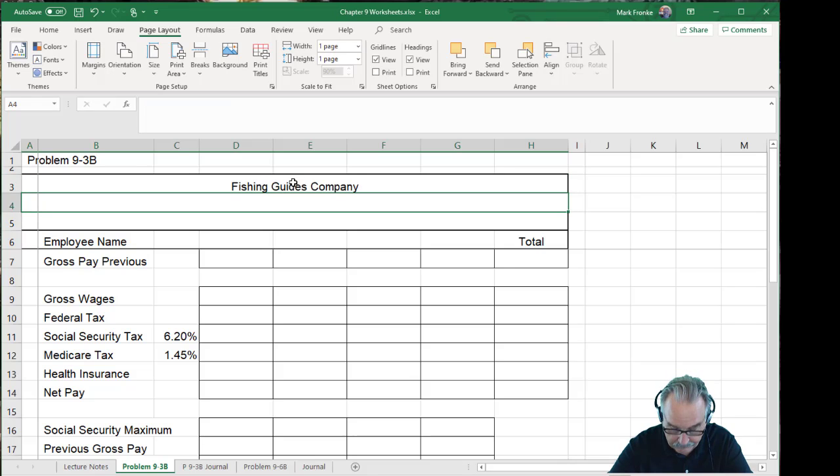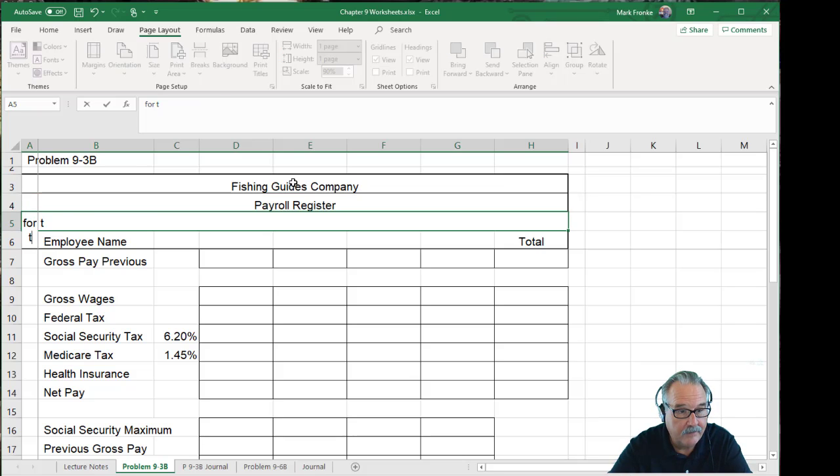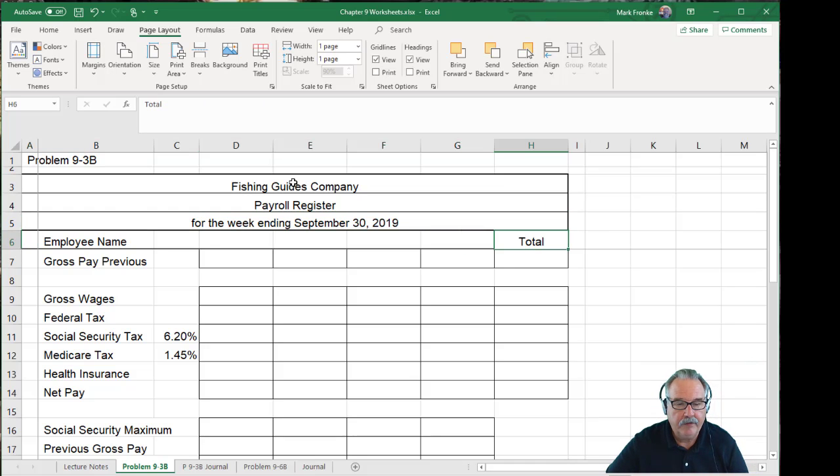And this is going to be a payroll register. This is for the week ending September 30, 2019 we'll use. So there's some working papers in there, and we have 4 employees.